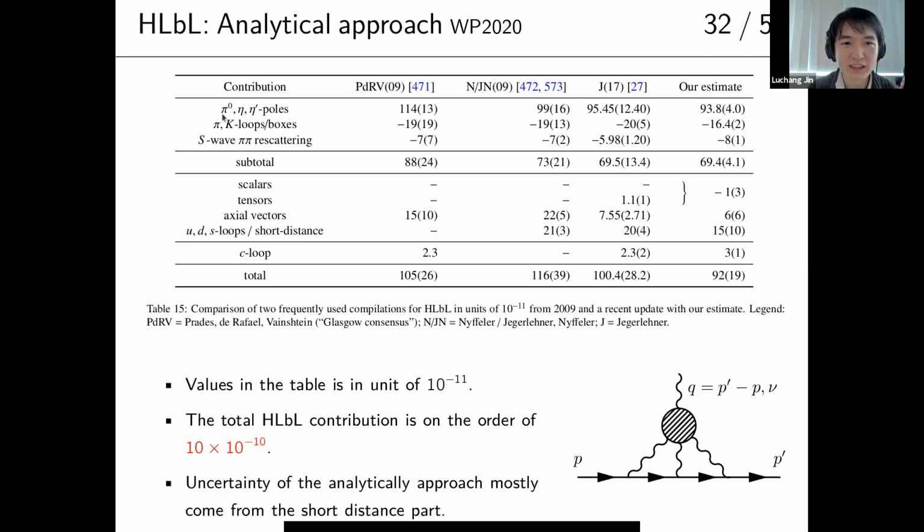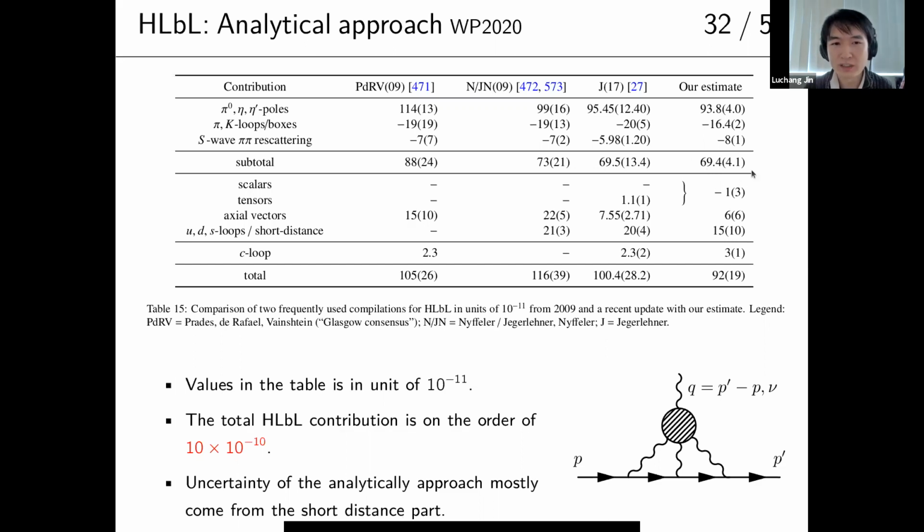For the pi naught and eta prime poles, the contributions can be defined very cleanly. Also for the pion and kaon loops, they can be defined relatively cleanly, and this involves pi-pi scattering. With the recent developments from the dispersive analysis, this part is done reasonably well.